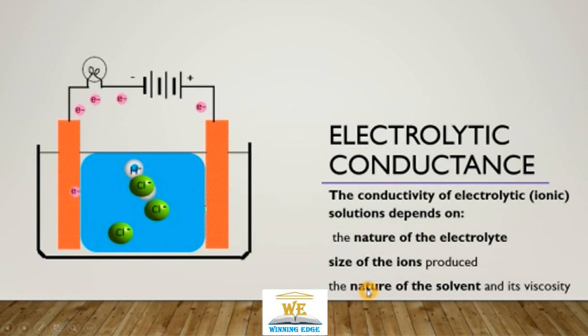In case we're using water, it has a lower viscosity than any other solvent like glycerin, which has high viscosity. In that case, conductivity will be lower in highly viscous solvents. Low viscosity solvents have a better conductivity. And remember that solubility also matters. In viscous or non-viscous solvents, the compounds or the salts should be soluble.